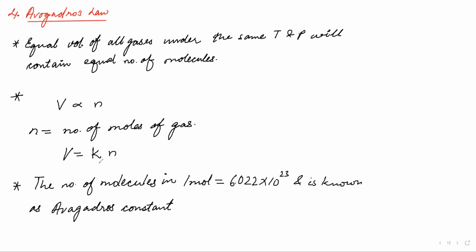Volume is equal to what? A constant into the number of moles. Now you tell me, this constant here depends on pressure as well as temperature, correct? Yes, sir. And what is the relation between pressure and temperature? As pressure increases, volume decreases.